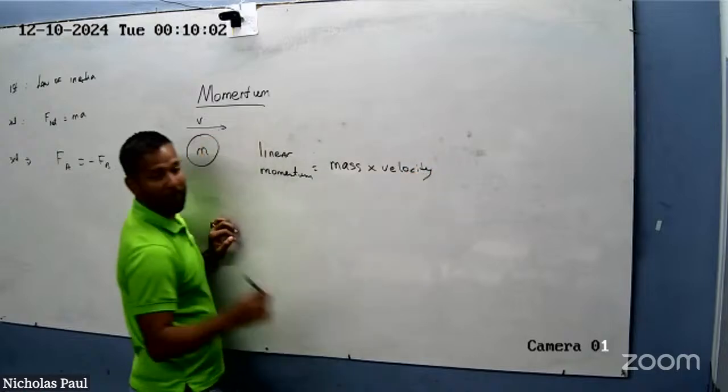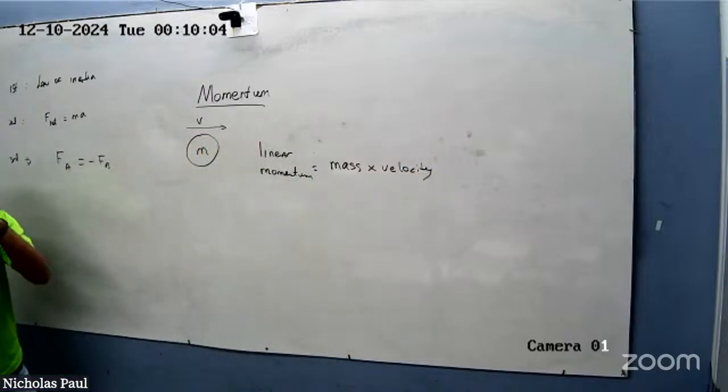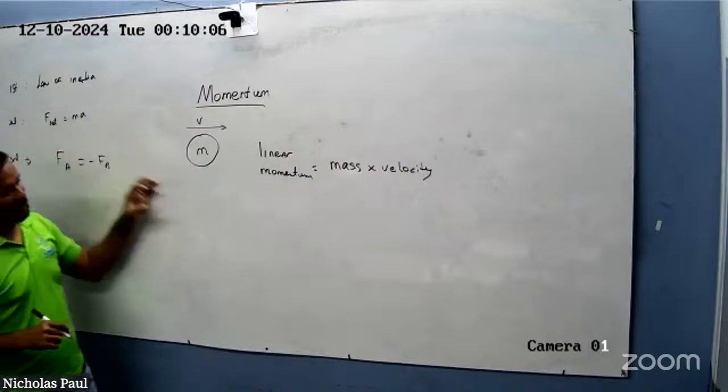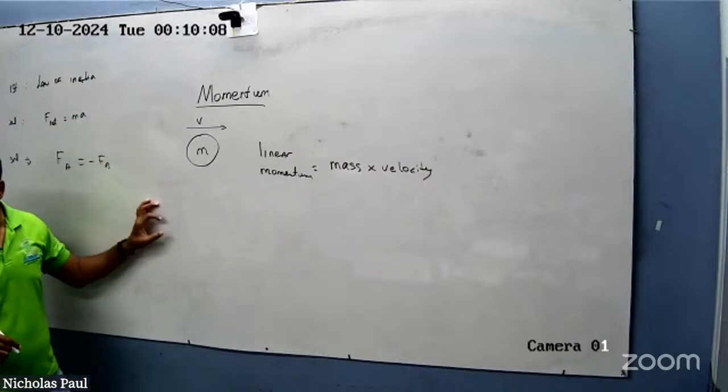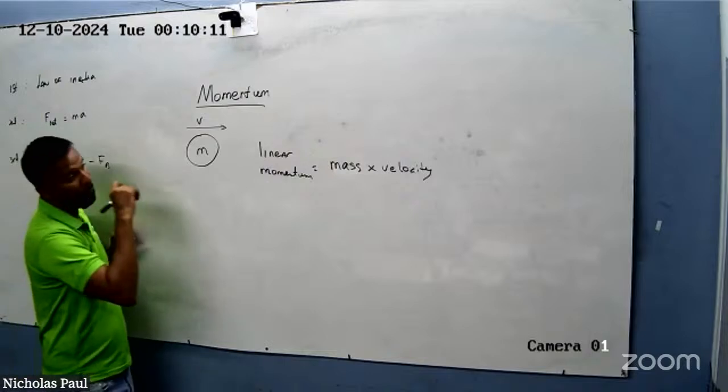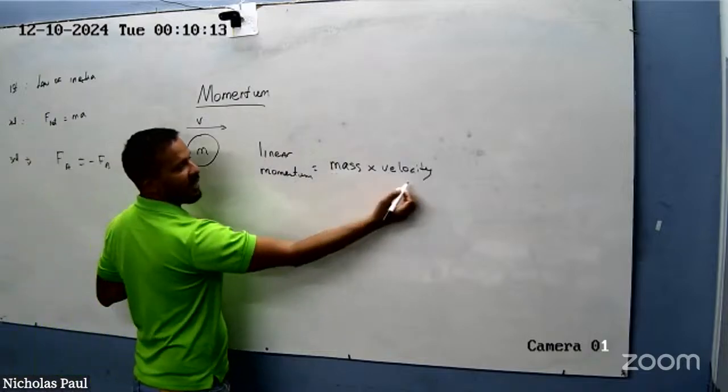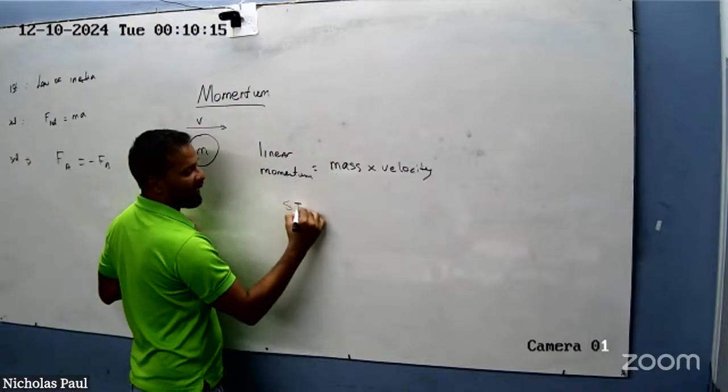The linear momentum of this object is the product of its mass and its velocity. You have to remember Newton's cradle. As the little ball moved, it had a momentum equal to its mass times velocity. What would the SI unit be?